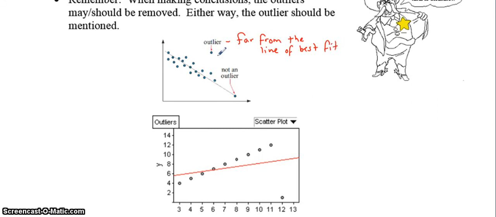So this point is considered to be an outlier because it's far from the line of best fit. This point here is not considered an outlier, even though it's further from the other points, because it still follows the trend.